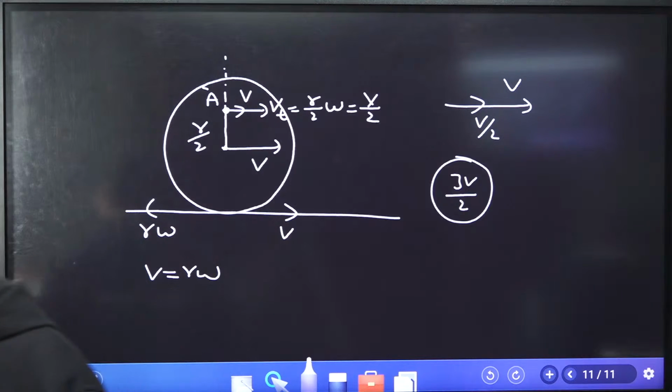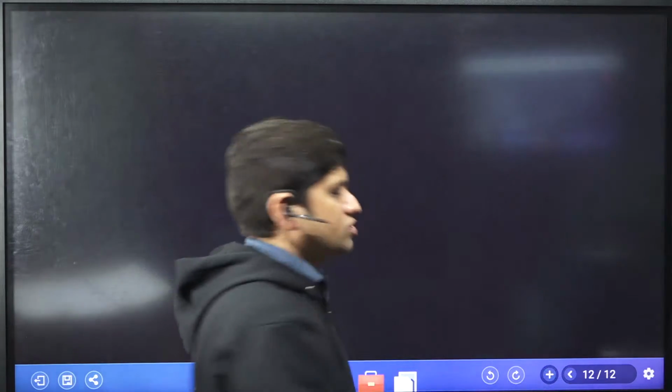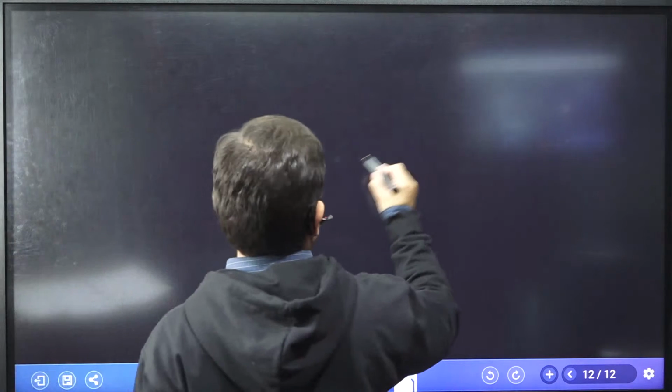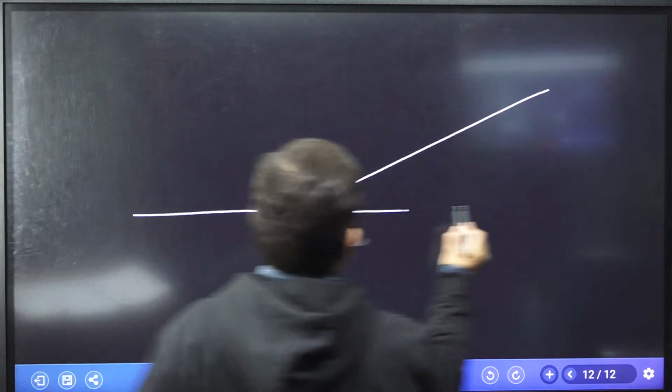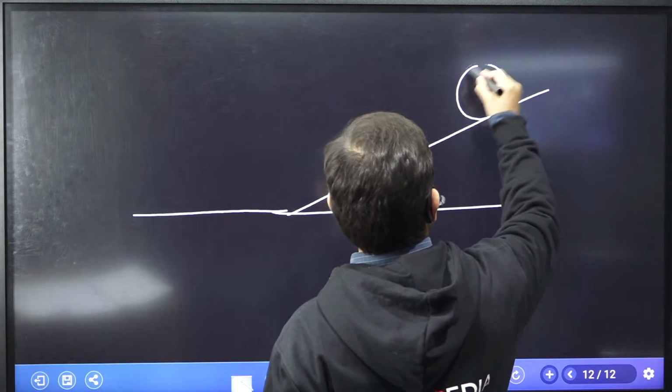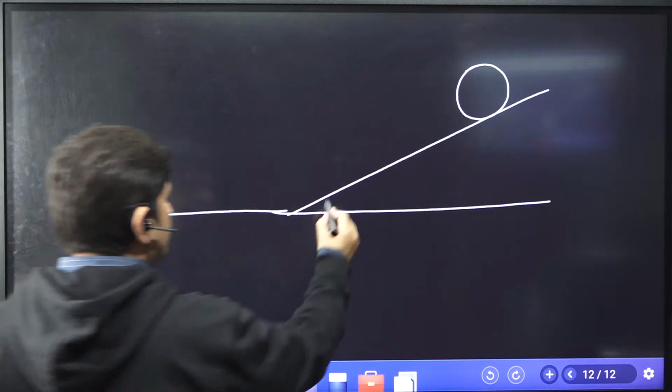Let me tell you, the next question is a very good question. Let me give you this question here. There's a sphere which is rolling down an inclined plane. You understand? There is an inclined plane, and a sphere which is rolling down it. The inclination is given as theta.